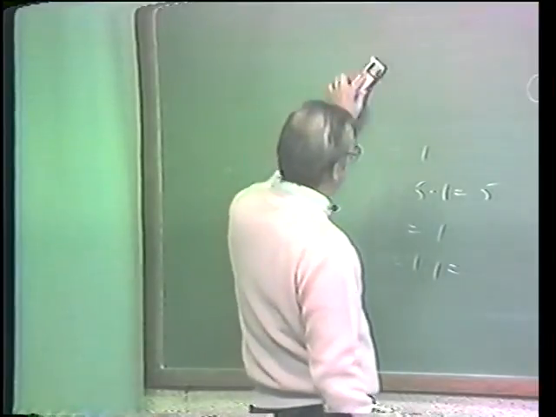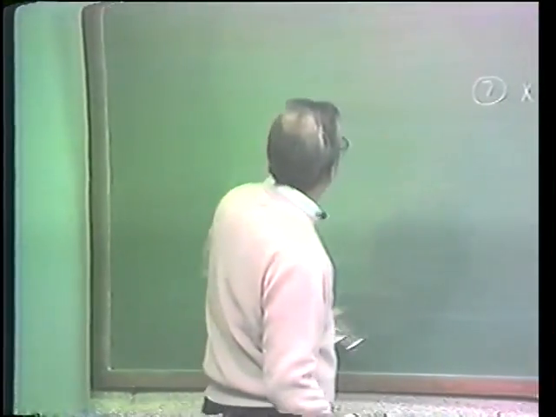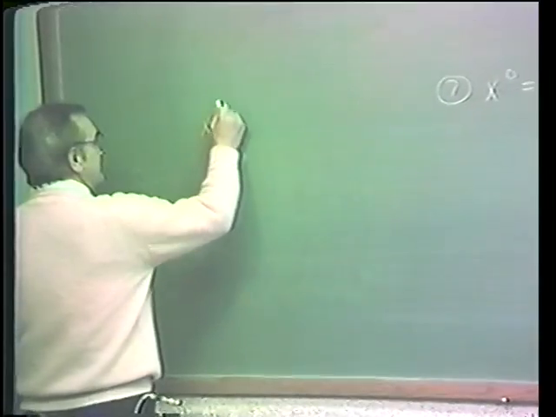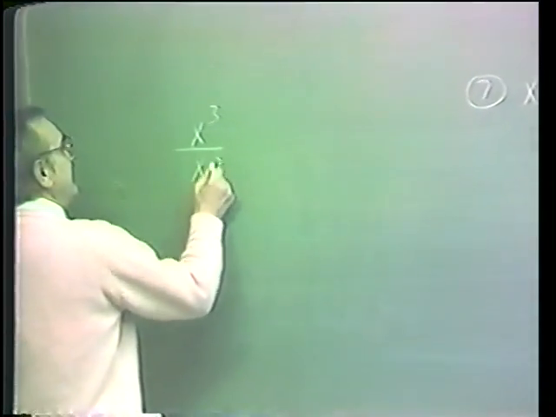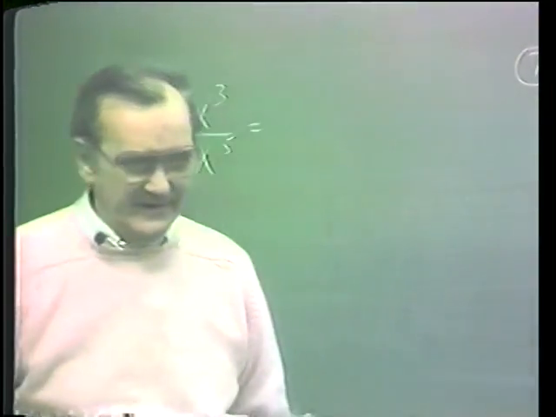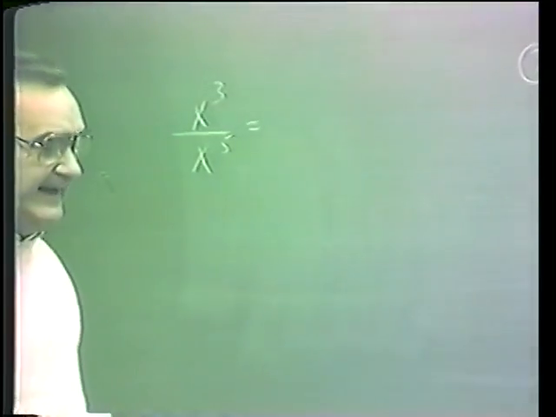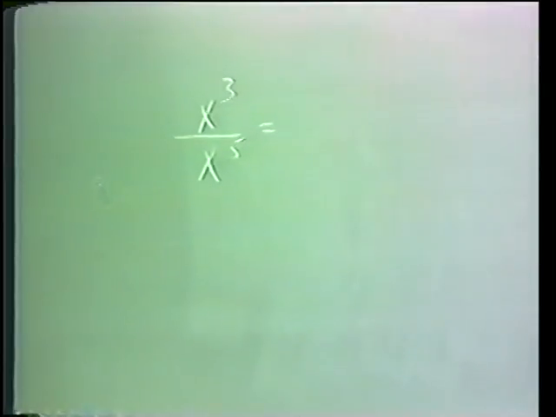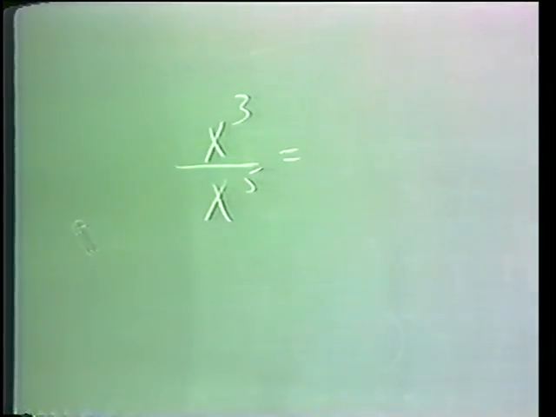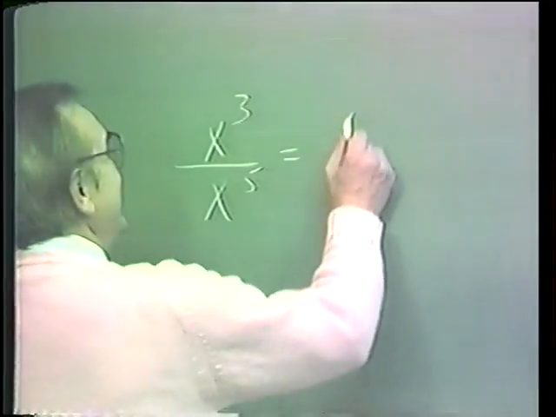Now, let's suppose I have x to the 3rd divided by x to the 5th. What would that equal? 1 over x squared.